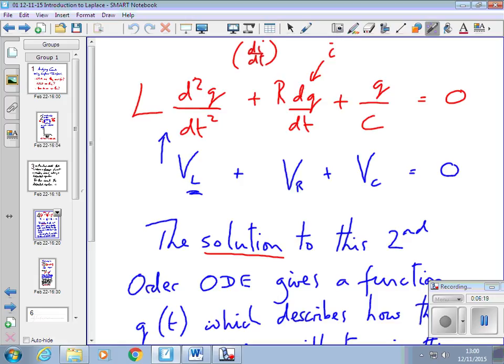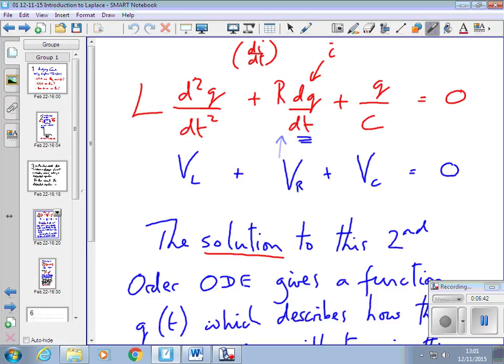This is the term for the voltage across the inductor. This is the term for the voltage across the resistor and the voltage across the capacitor. Well, let's start with this one. The voltage across the capacitor is given by the charge over the capacitance, Q over C. If we think about the resistor, the voltage is IR, V equals IR.